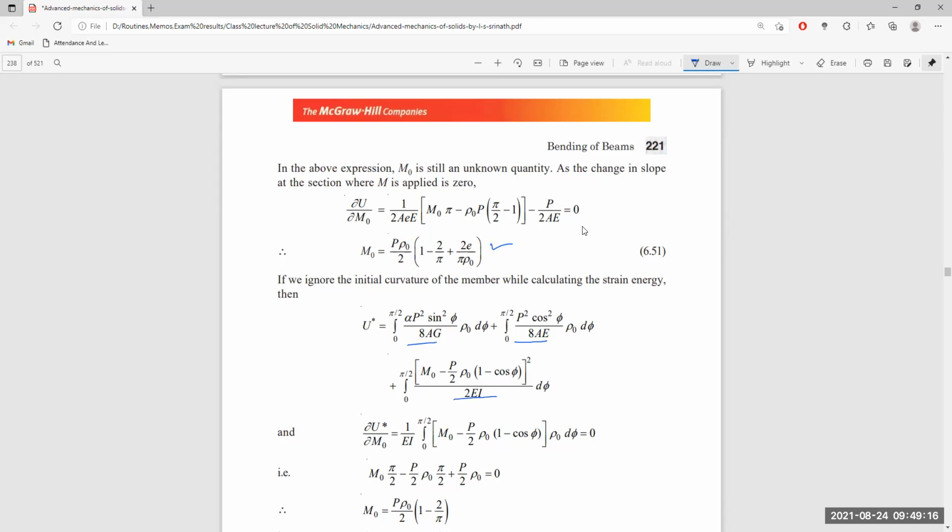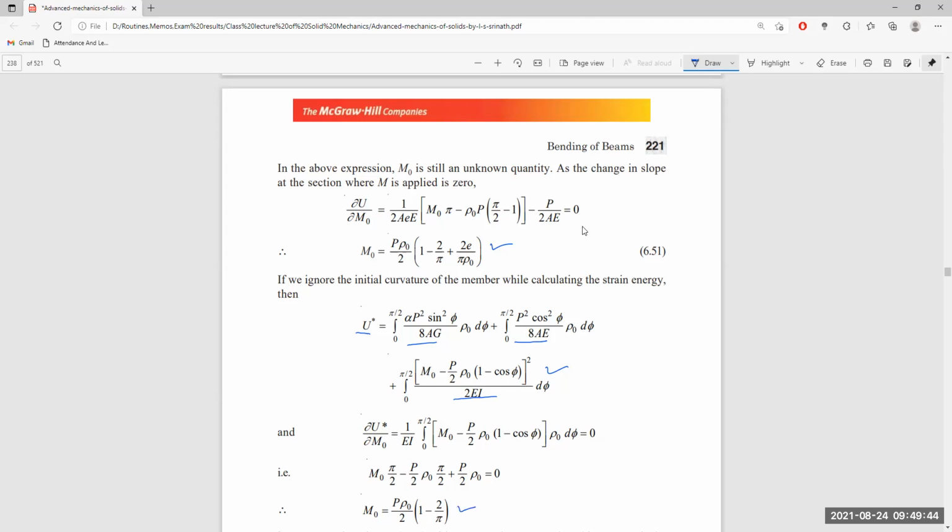This is another form of the strain energy stored. Again, we have to find the value of m0 when the derivative of this strain energy is equal to 0. From there, I will find the final value of m0.